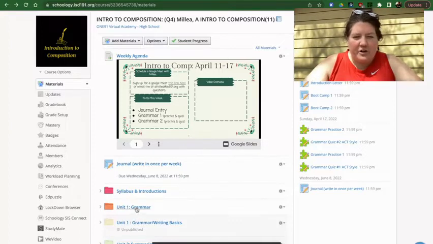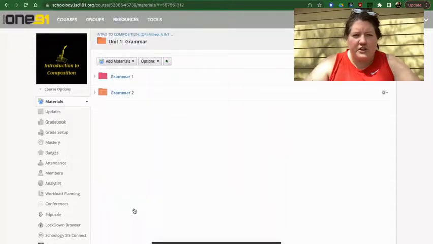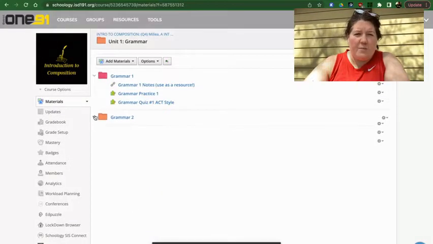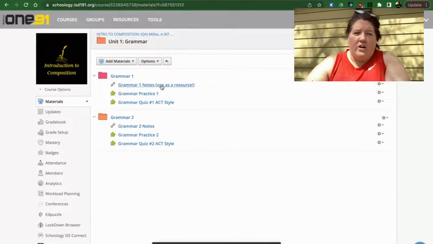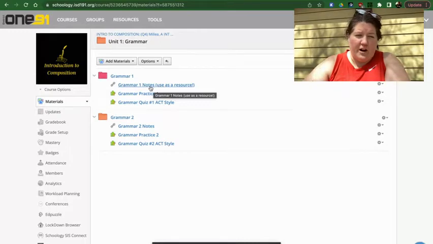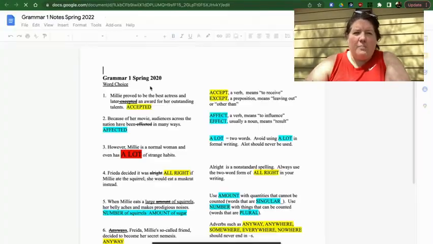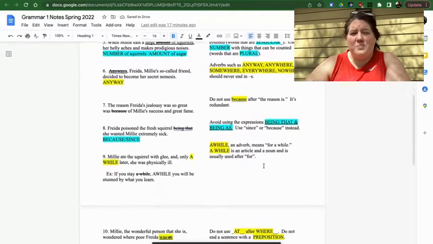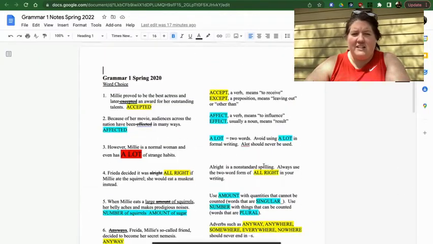So what you're going to do after you have written in your journal for 20 minutes, you're going to go to the Unit 1 grammar folder, and you just have two grammar lessons to take care of this week, Grammar 1 and Grammar 2. Now, I have linked notes for each of the grammar folders. This is just for your reference. You can have this pulled up while you are working on the practice and the quiz.